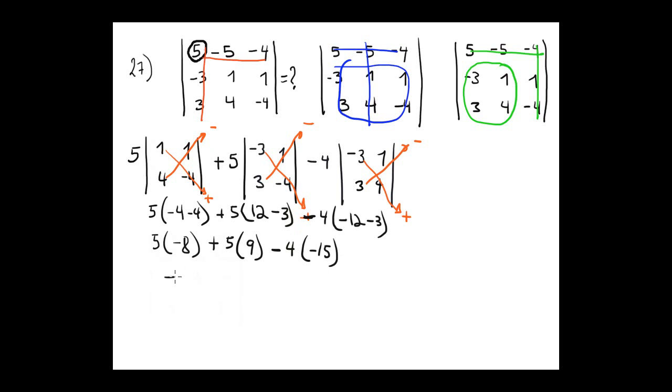So we have minus 40 plus 45 plus 60. Negative 40 and 45 is 5, plus 60 is 65. And this is the value of the determinant.